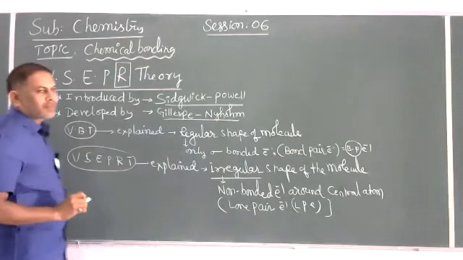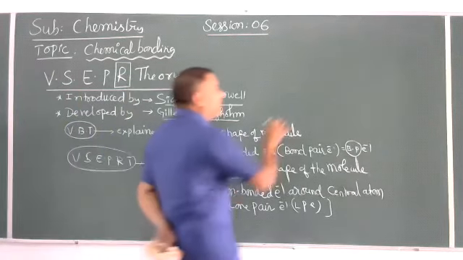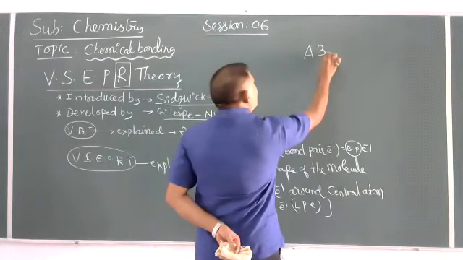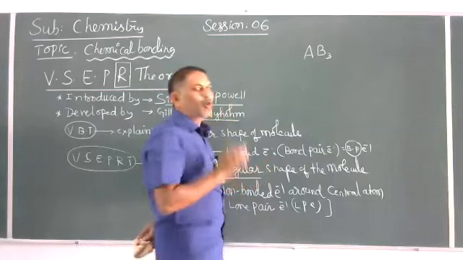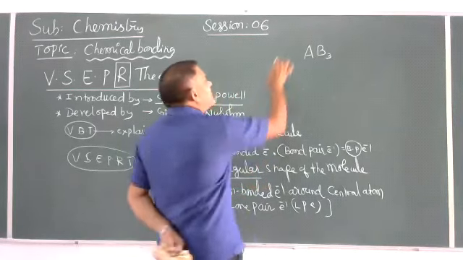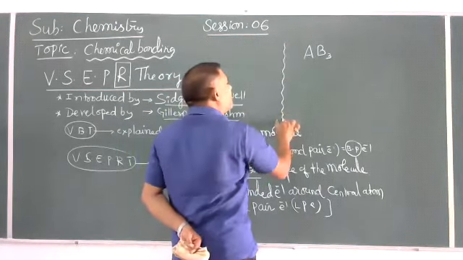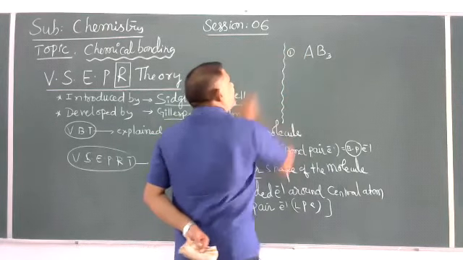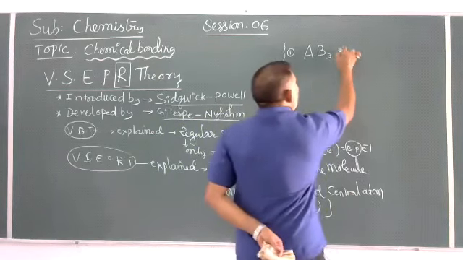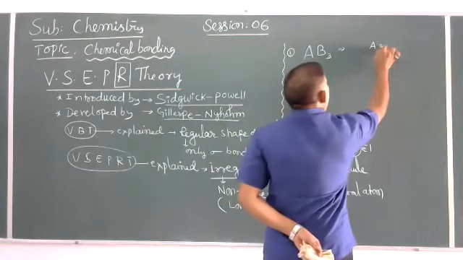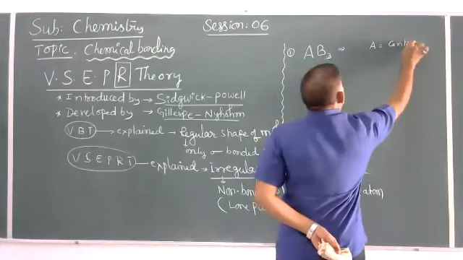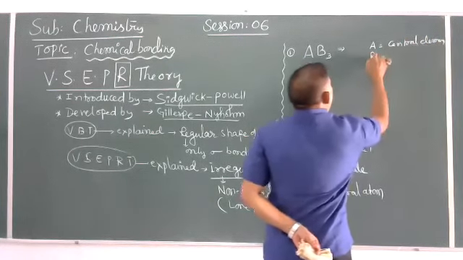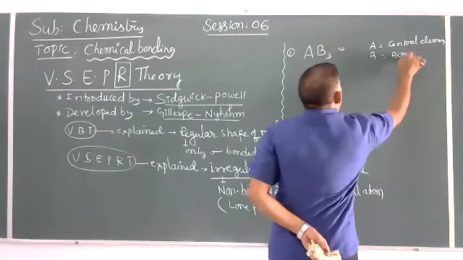I'll take a simple example, an AB3 molecule. The central element is A, and B are the bonded atoms.